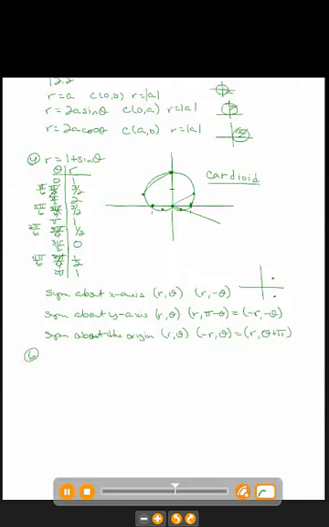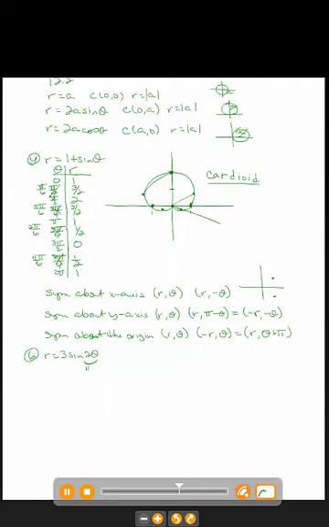Example 6 wants us to graph r equals 3 sine of 2 theta. Graphs that have things like this are called roses. And if you graph enough of these, you'll notice a few things about them. The first thing is that if it's an even number in front of the theta, you will get twice as many petals as the number.